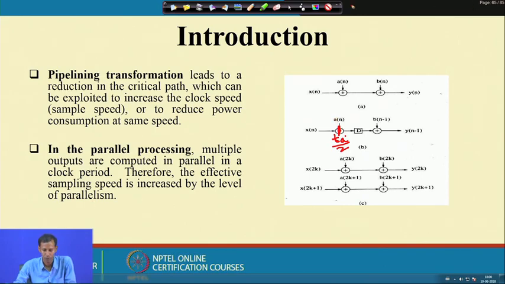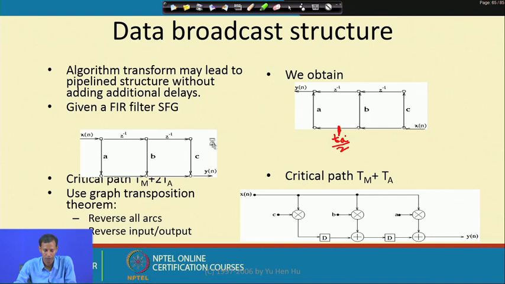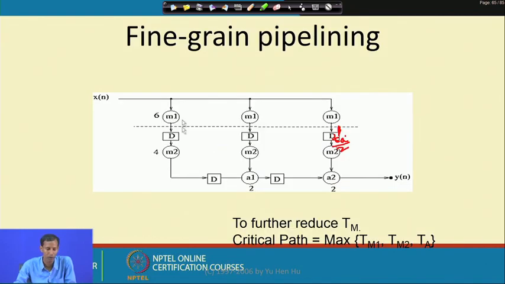Okay. So, if we take an example, you see this is one multiplier. Suppose this is the example of this FIR filtering. So, here I need a multiplier. If the multiplier is taking 10 nanoseconds, then the critical path for this system is the adder delay, which is 2, plus 10, the corresponding multiplier delay.